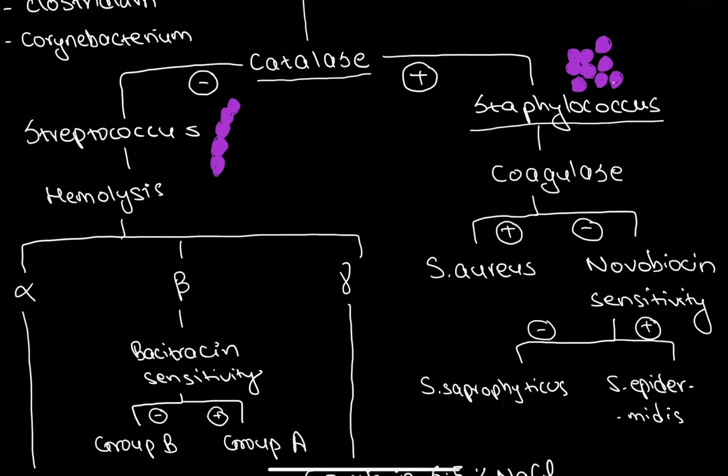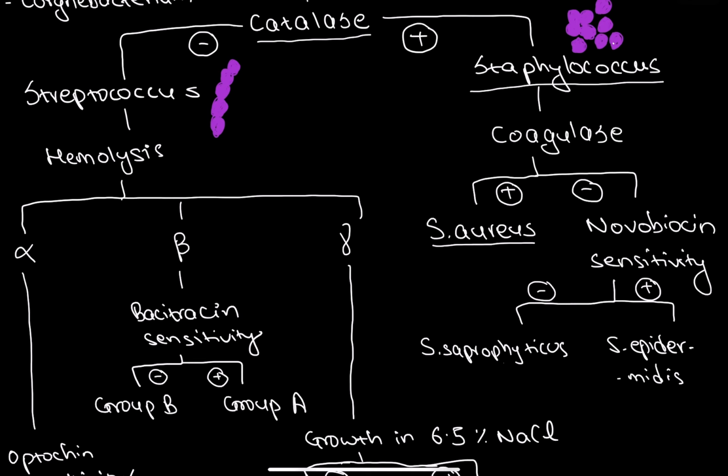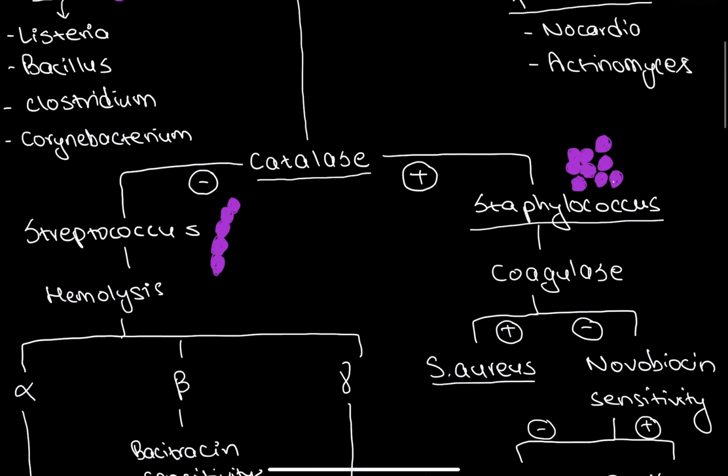An example of coagulase positive is Staphylococcus aureus, and for the rest of the staph groups we will do the novobiocin sensitivity test. If the organism is sensitive, with a clear zone of clearance, then that organism is Staph epidermidis, and if the organism is not sensitive, then it is Staphylococcus saprophyticus.